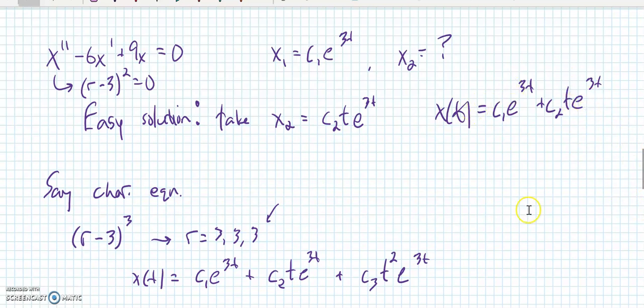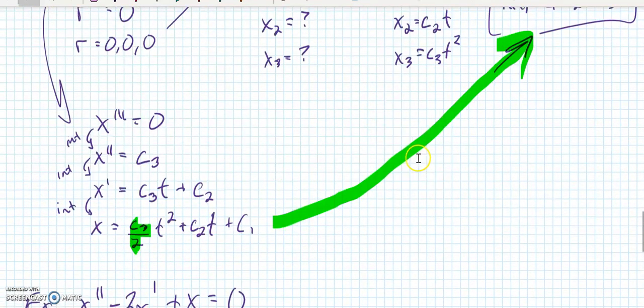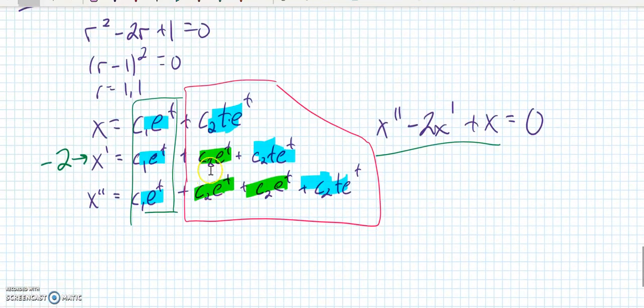If these pieces fit, then these pieces will fit the equation in the exact same way. And then if you mess with those extra little pieces right here, those guys will also cancel perfectly, the same way that I got here. I would have the same structure. These cancel for the same reason that these cancel, because they appear from the same derivative, and then these guys will also cancel. And that's what I was saying earlier, right? If you were to do this and plug this through, it would work out perfectly the way that this has here. And that's why we tack this t on when we get our repeated roots.